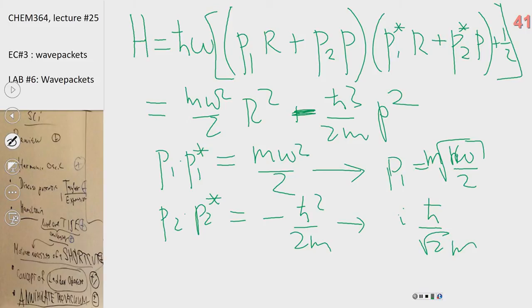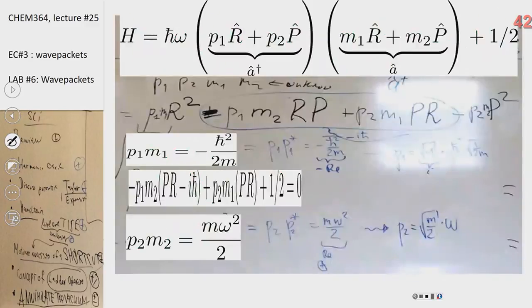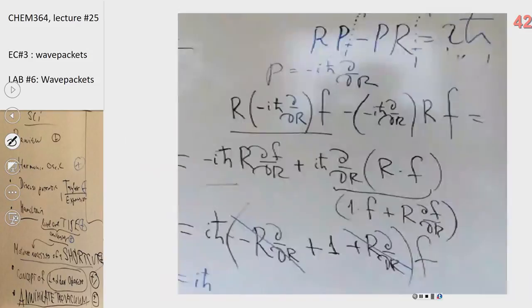And we still have the cross terms. So for cross terms, the story is a little bit more complicated because we know that they do not commute. So the PR and RP are not equal. And you remember that PR minus RP will be imaginary unit times H bar, right?